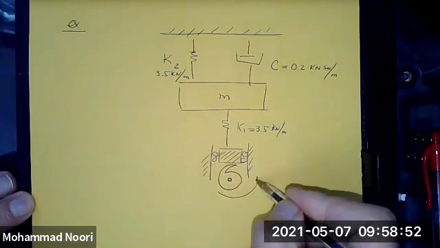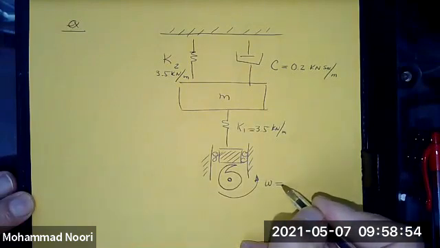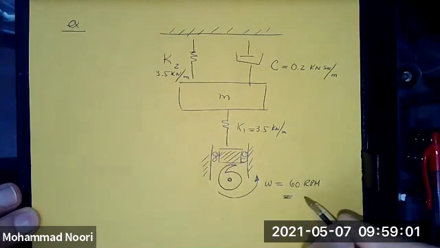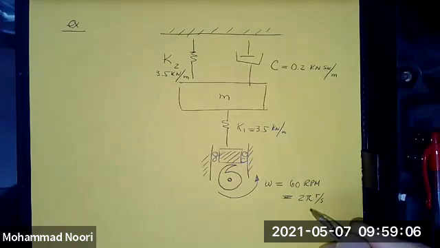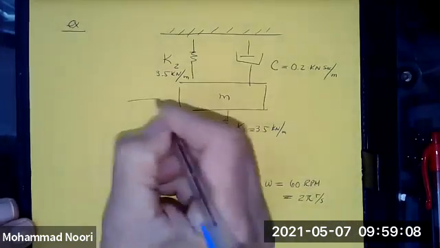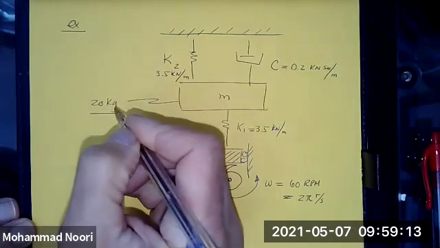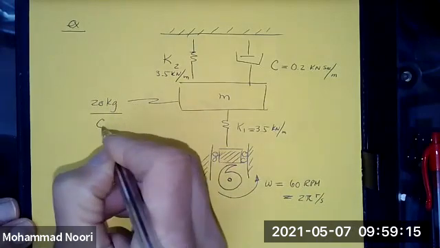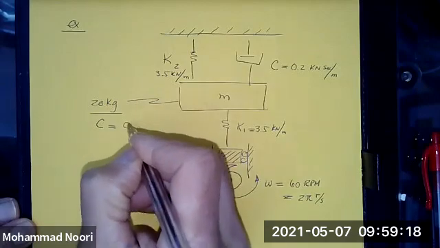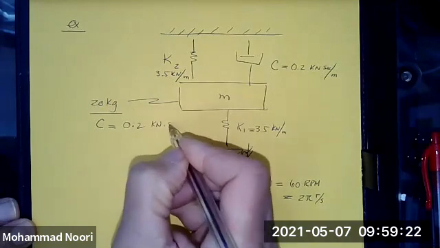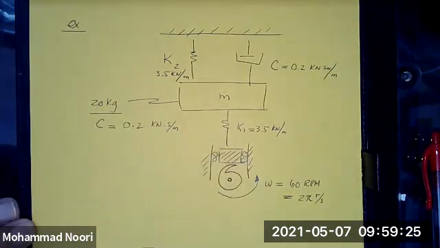This cam is rotating at the frequency of 60 RPM, which is what? 2 pi radians per second. Okay. So the mass of the system is given 20 kilogram, and the damping coefficient is given as 0.2, as I gave you there, kilonewton second per meter.